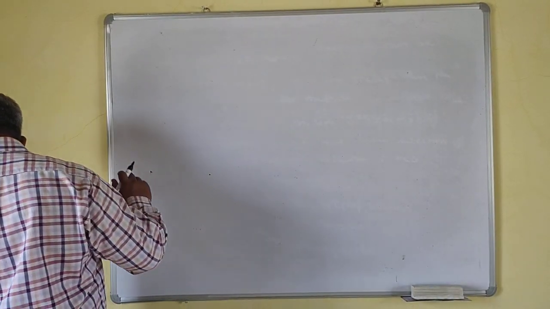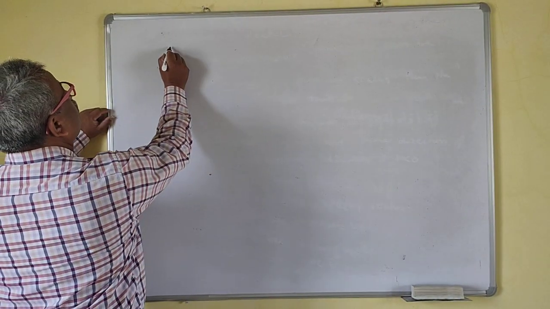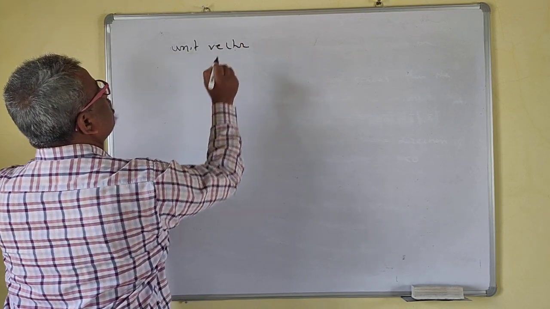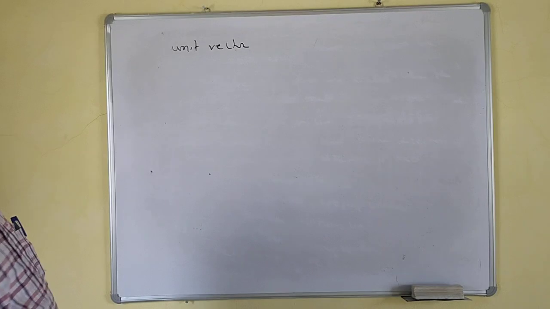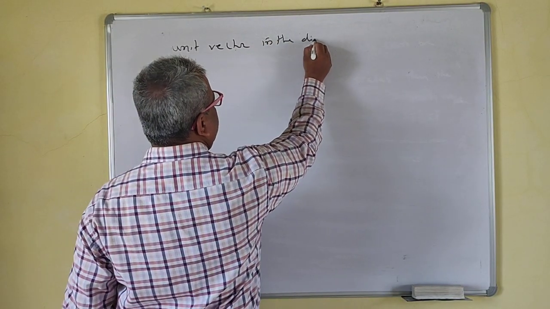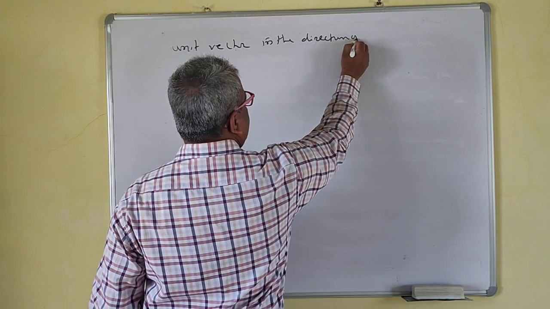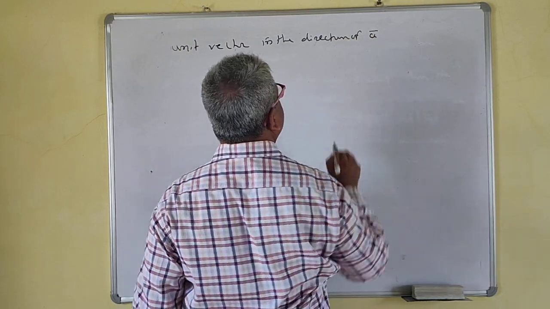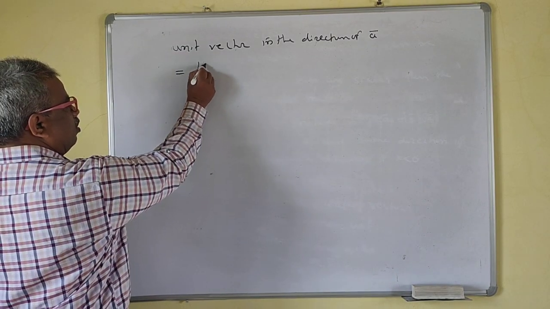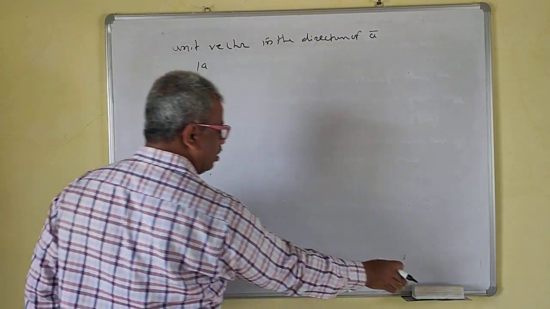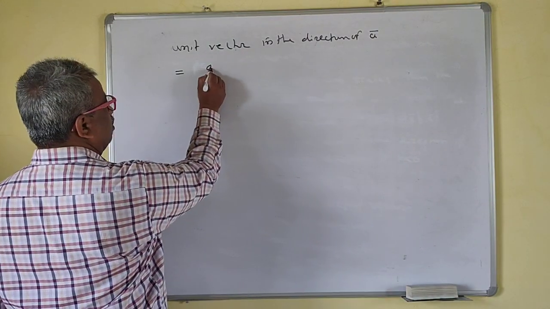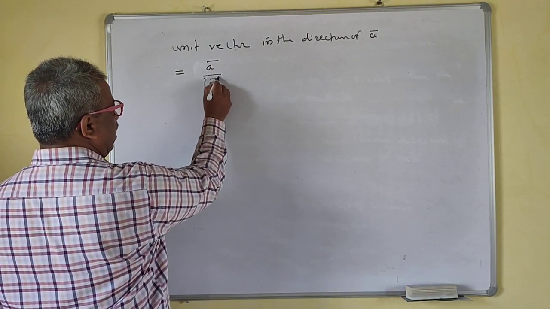Okay. Now we want the unit vector. A unit vector means a vector whose magnitude is 1. The unit vector in the direction of a bar is nothing but a bar upon mod of a bar.